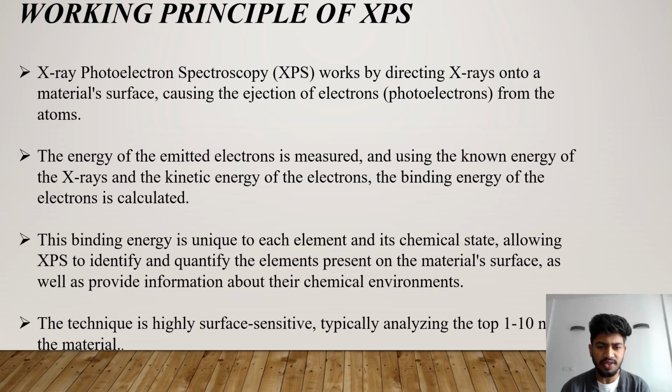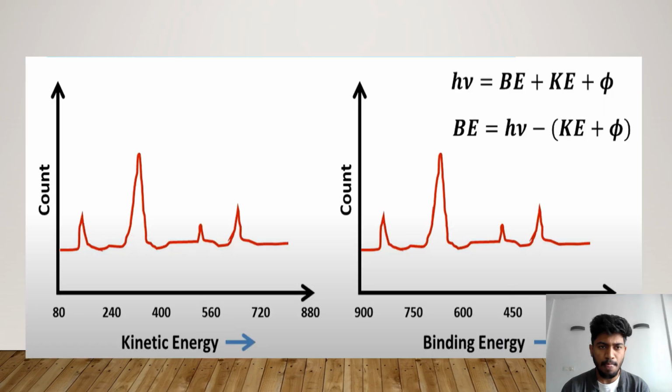This binding energy is unique to each element and its chemical state, allowing XPS to identify and quantify the elements present on the material surface, as well as provide information about their chemical environments. This technique is highly surface sensitive, typically analyzing the top 1 to 10 nanometers of the material.